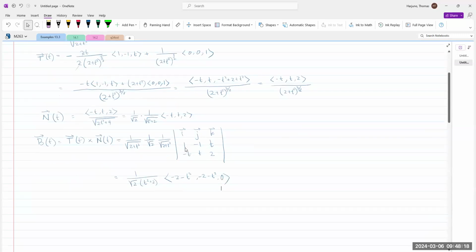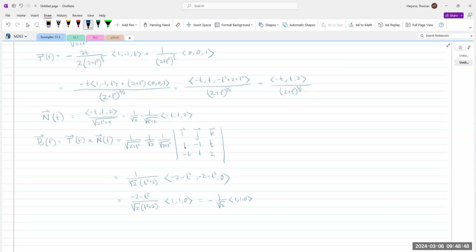Notice that I can factor that negative 2 minus t squared out, and it will cancel with the denominator, while inside the vector I have 1, 1, 0. Notice that it is actually a constant vector.